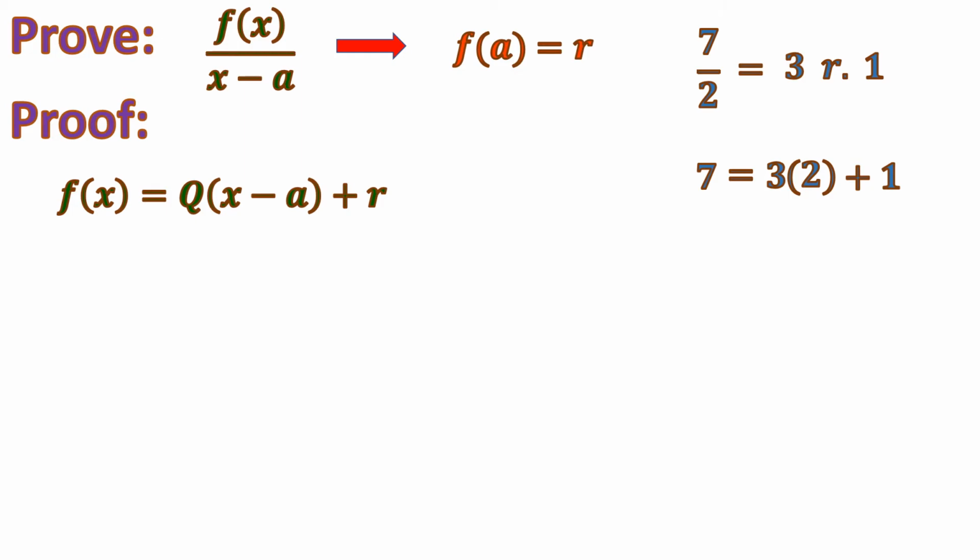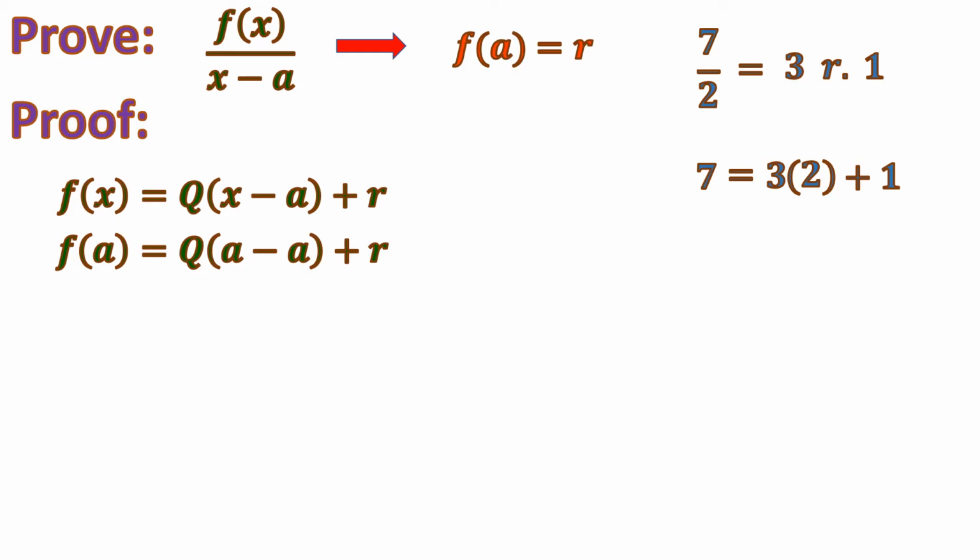But this is numbers. It's also true when it is written in polynomials. So that's the idea of f of x equals the quotient times the divisor plus the remainder. And that is always true. Now let us continue. We're going to substitute a for x.